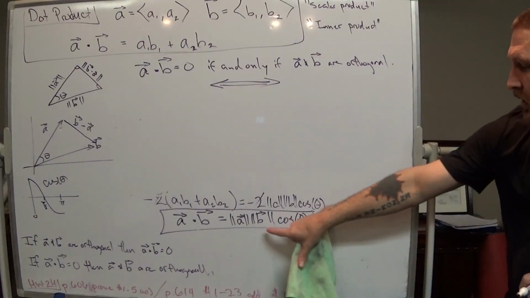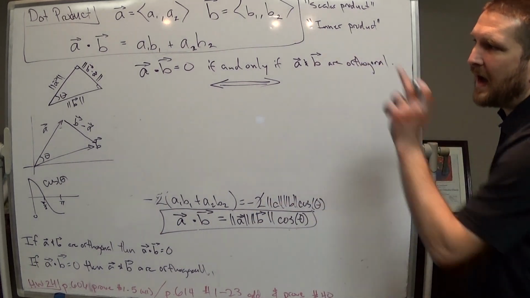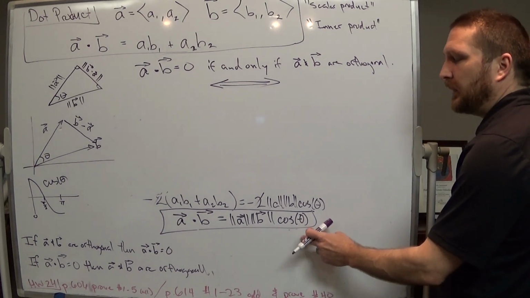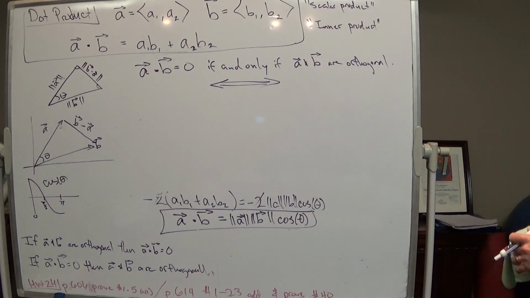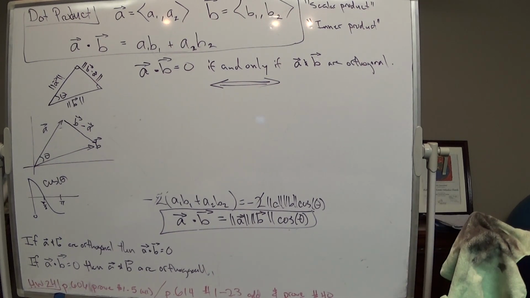Okay, so now check this out. Like I said at the beginning, if I told you to find theta, we got to this point. Now what do I need to do to get theta? Divide by the magnitudes. Can we divide by the magnitudes?